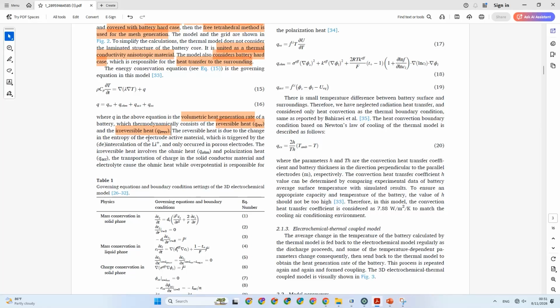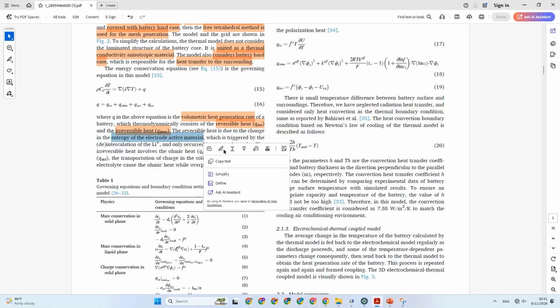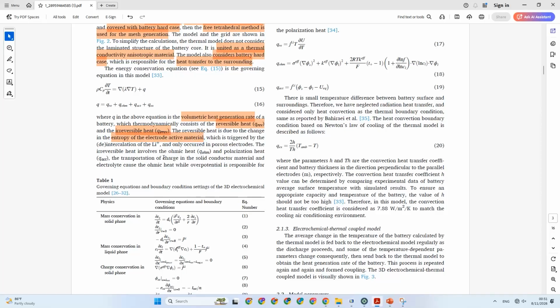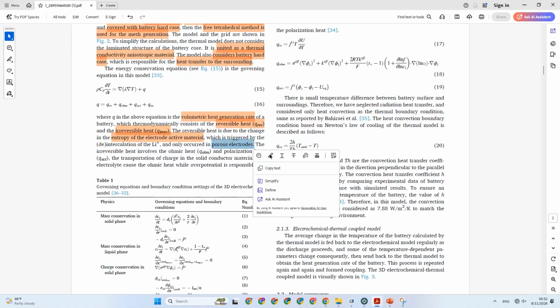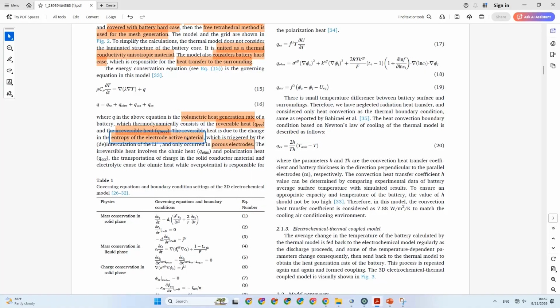This is entropy, okay, which is triggered by the intercalation of lithium cations and only occur in porous electrode. Okay, this is for porous electrode. Q reverse, this is in porous electrode.